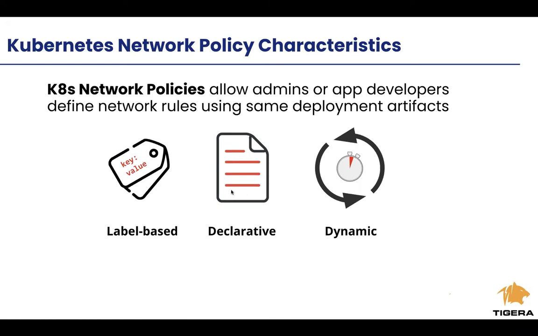Of course, it has to be declarative: you define what the end state of the policy should look like, and you use kubectl or whatnot to apply that. And finally, it has to be dynamic. You're not going to be in the business of manually making sure that certain pods have certain policies applied to them. You just expect the system to use those labels to dynamically update the policies as pods are removed or respawn.